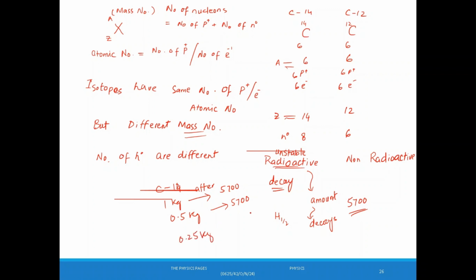So we can say after the first half life, the radioactive isotope changes into one half. After the second half life, it changes to one quarter, and so on.